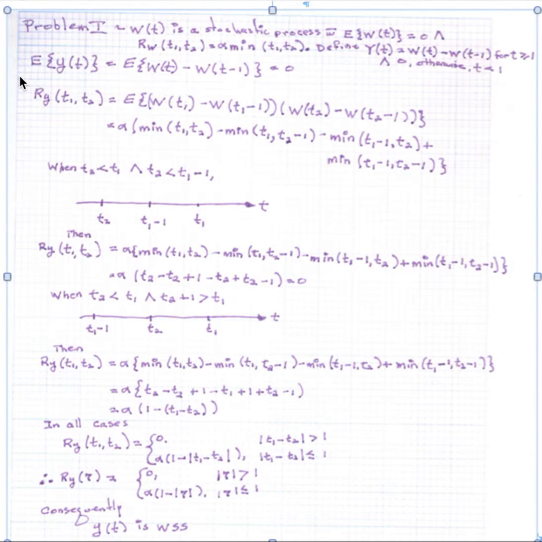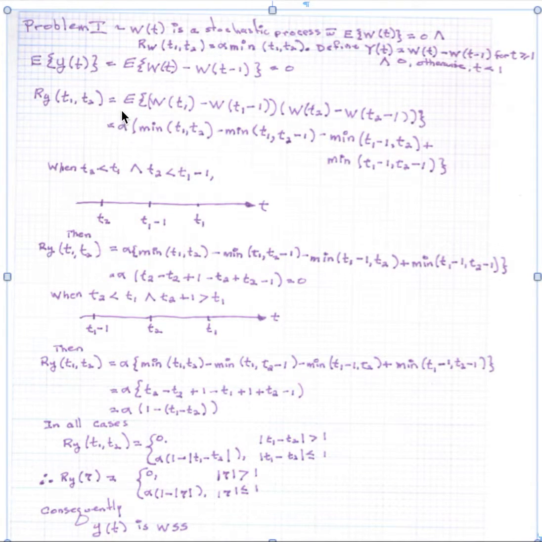First thing we're asked to find is the expected value of Y(t), which we set as equal to W(t) minus W(t minus 1), which is equal to 0. So therefore, the expected value and mean are 0, so the first component for determining whether something is WSS has been satisfied.